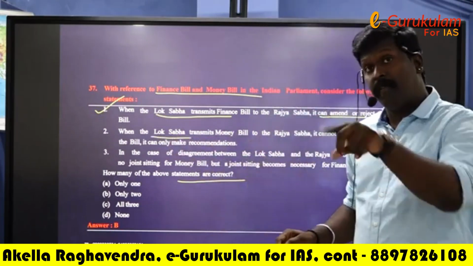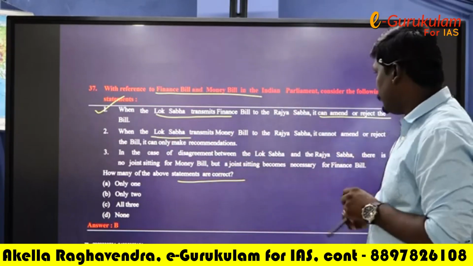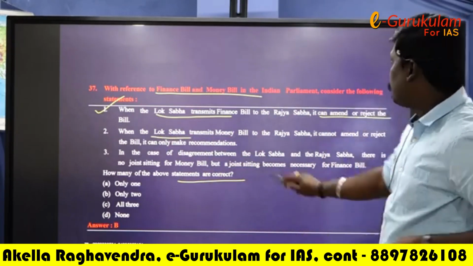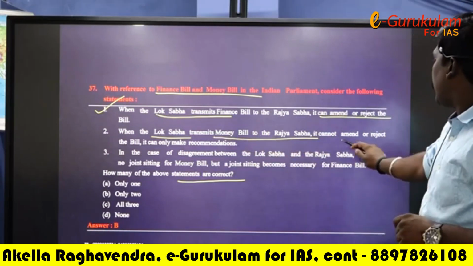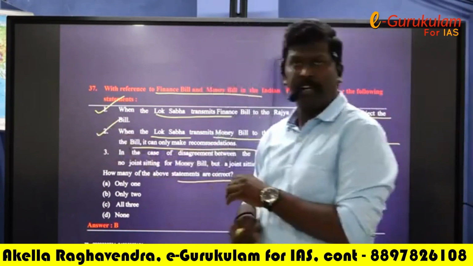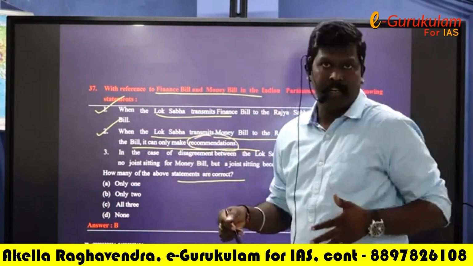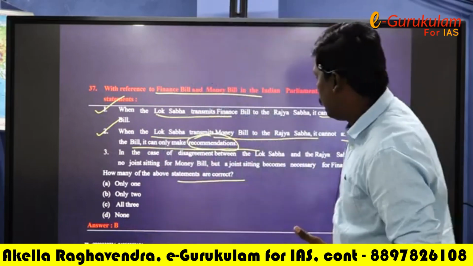Even if it is financial bill 1 or 2, anything can be modified or rejected by the Rajya Sabha. When Lok Sabha transmits a money bill to Rajya Sabha, it cannot amend or reject, but it can only make recommendations. This is also correct. Making recommendations is now a traditional thing. It is not as per the Constitution, but as a tradition, it is making certain recommendations.